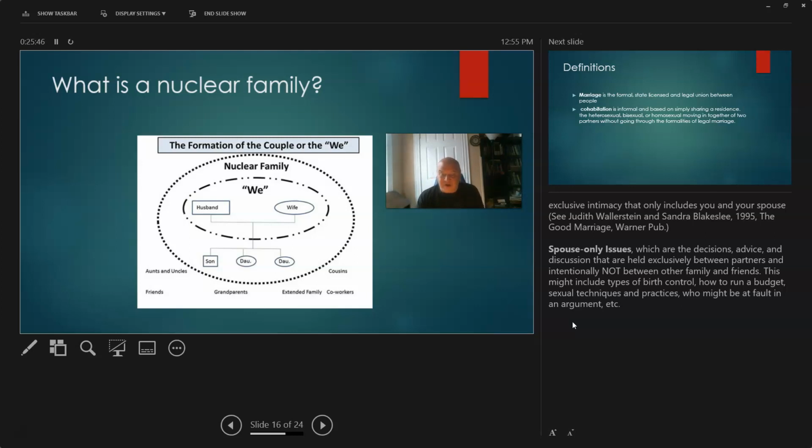We have a diagram here, and it's a modal heterosexual family, but it could just as easily be a same-sex couple or a cohabitating couple, a married couple, all sorts of variability there. But notice the boundary, okay?